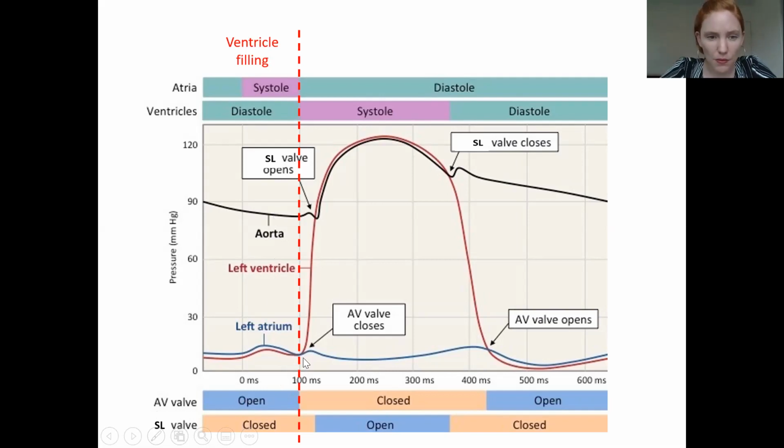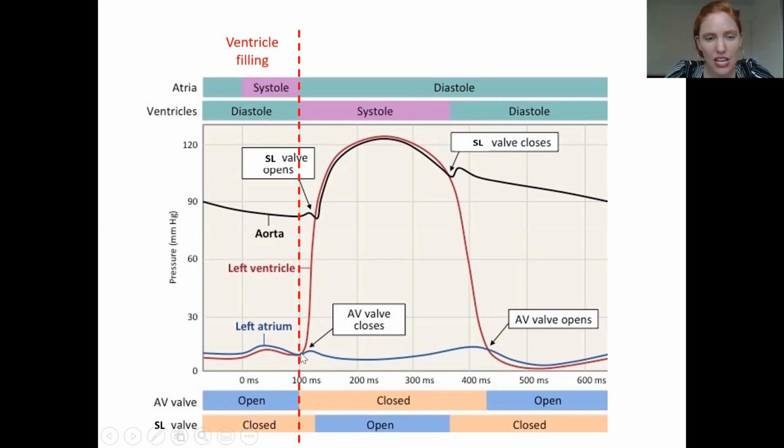Okay, now at this point, the ventricles begin to contract, and as they contract, you see a rapid increase in pressure. See that? So the increase in pressure, the ventricles are contracting. At this point right here, the pressure in the ventricles now exceeds the pressure in the atria.